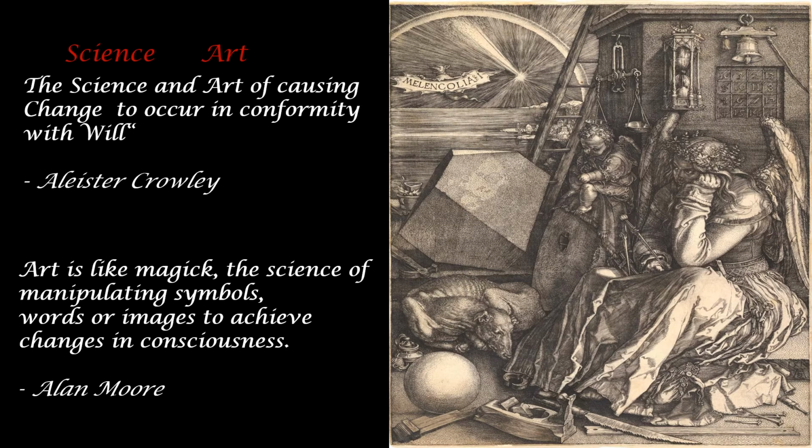He's saying art is like magic, the science of manipulating symbols, words, or images to achieve changes in consciousness. And this is exactly what it is. The only thing I would not agree with Alan on is when he says that it's like magic. I would totally say that art is magic, as well as magic is art, or is a form of art.